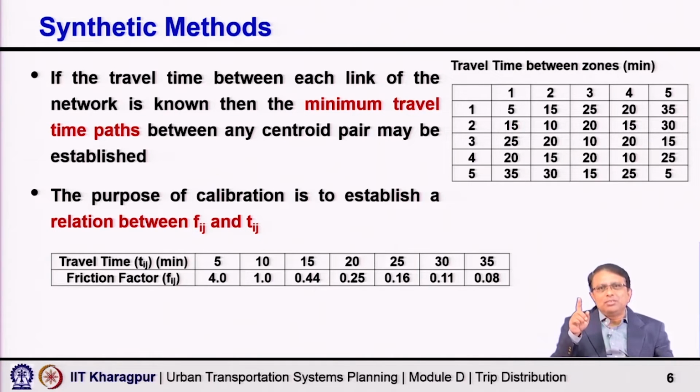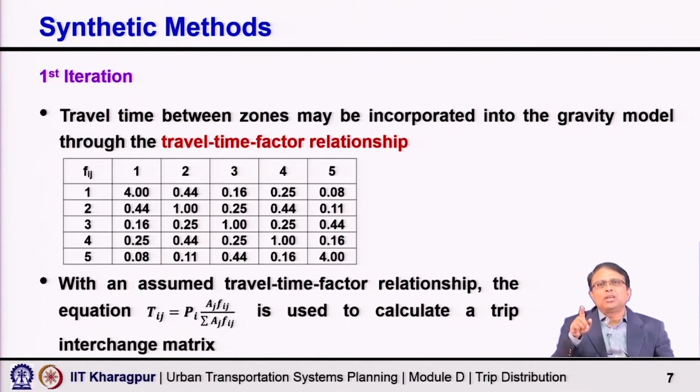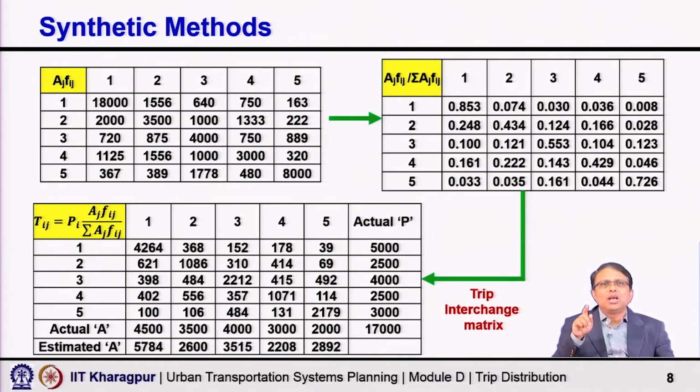So, as per the given travel time and the assumed friction factor values, we know the Fij values for the specific pair of zones, and accordingly we can calculate this Aj Fij, right. So, for zone 1, zone 2, zone 3, zone 4 and zone 5 to all the destination zones 1, 2, 3, 4 and 5, all these values you can calculate.